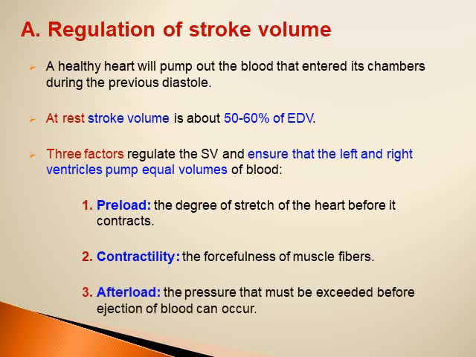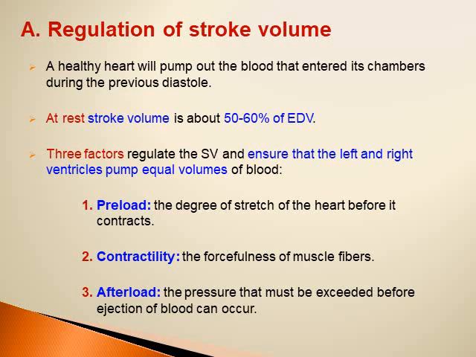The third factor that affects the stroke volume is the afterload. The afterload is the resistance to the ejection of blood from either ventricles. So it is the pressure that must be exceeded before ejection of blood can occur. So this is the pressure in the aorta and the pressure in the pulmonary trunk.